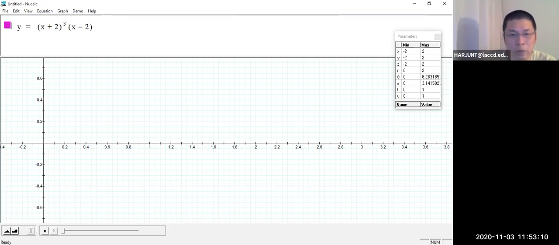Let me look at my notes better. Oh, x plus 1 cubed, x minus 2 to the fourth, and then x minus 5.